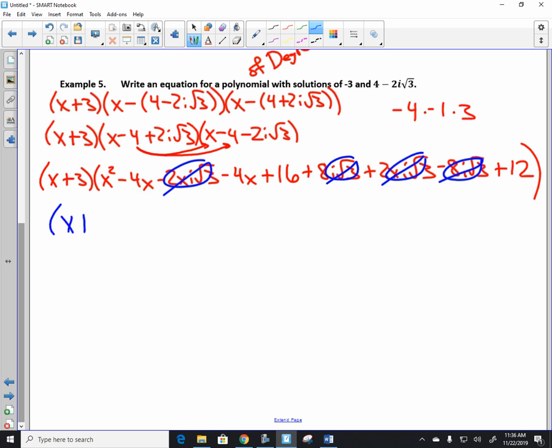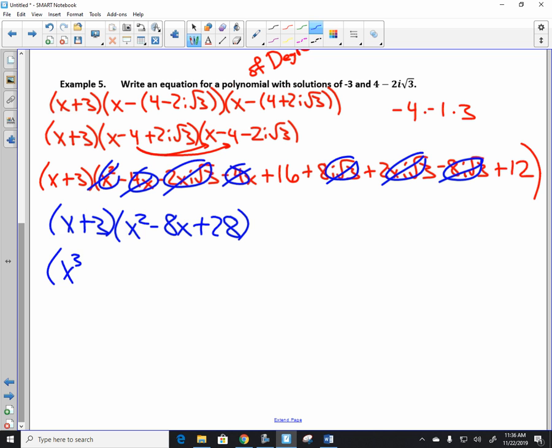We got x plus 3 out front. Got an x squared. Got a negative 8x. And we've got a positive 28. Now we've created a problem that you had back in 8th grade, right?